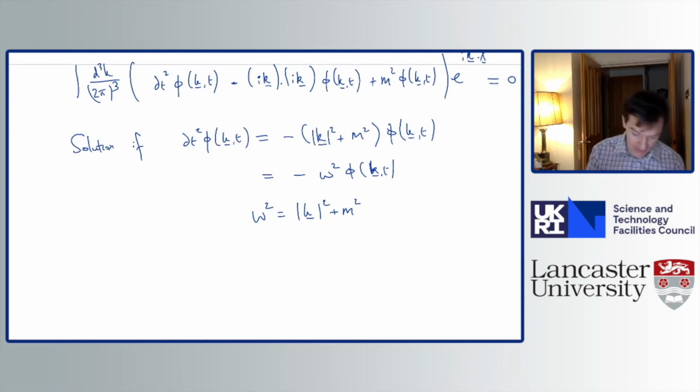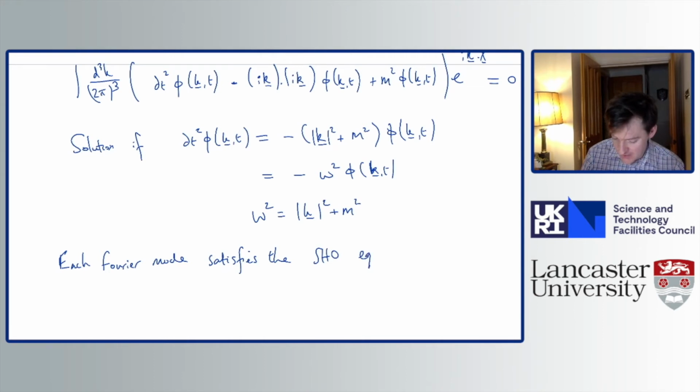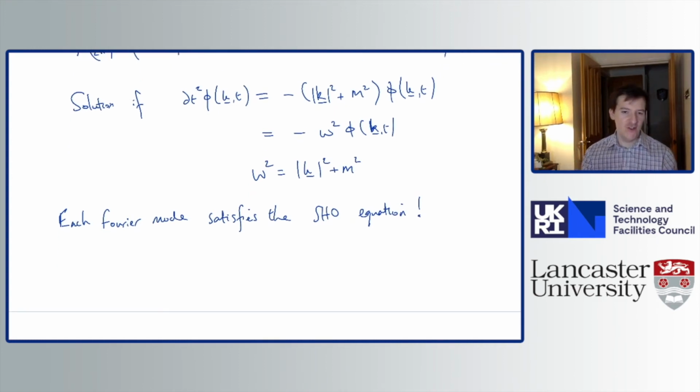What we find is that each Fourier mode of this real scalar field satisfies this equation that we met in the classical mechanics section, the simple harmonic oscillator equation. That's nice because this is a nice simple equation that we've been dealing with for years and years and years, possibly even when you were at school. And so we know what the solution of this equation is, right?